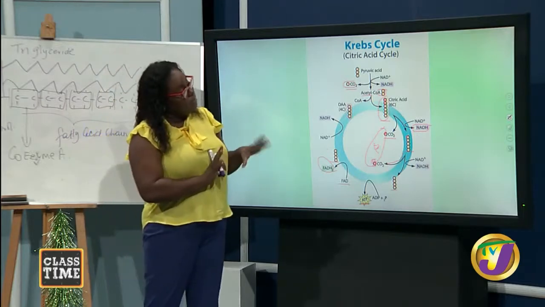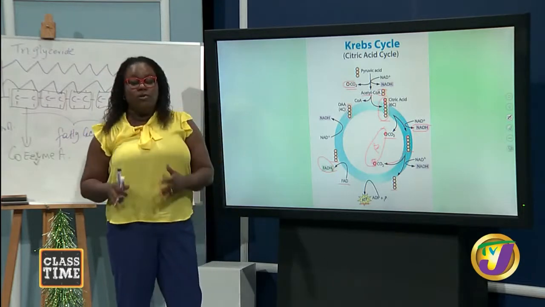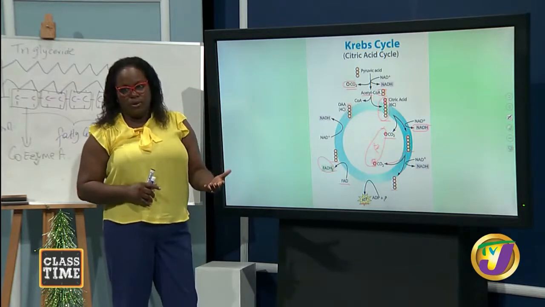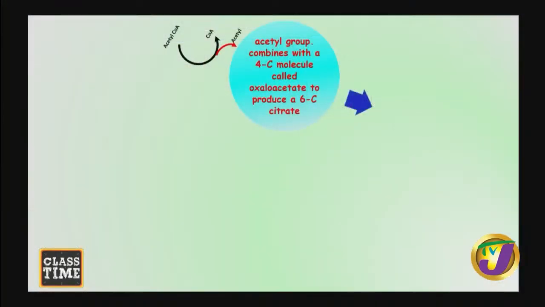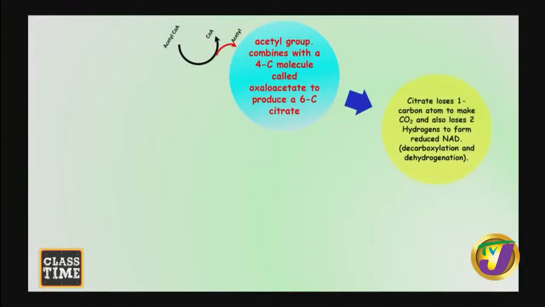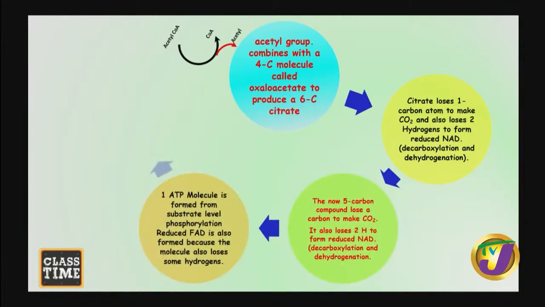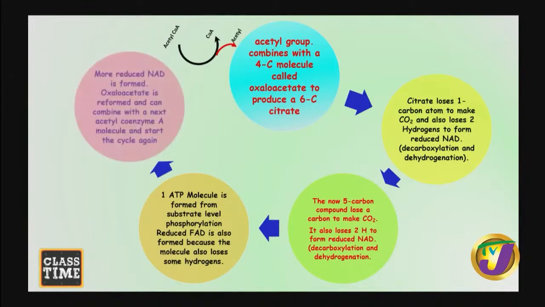The reason I'm stopping to say this to you is the next step we're going to look at is a different type of phosphorylation that is going to occur. All right? I'm just going around. This is still showcasing all of Krebs cycle, and all of what I just said in words.